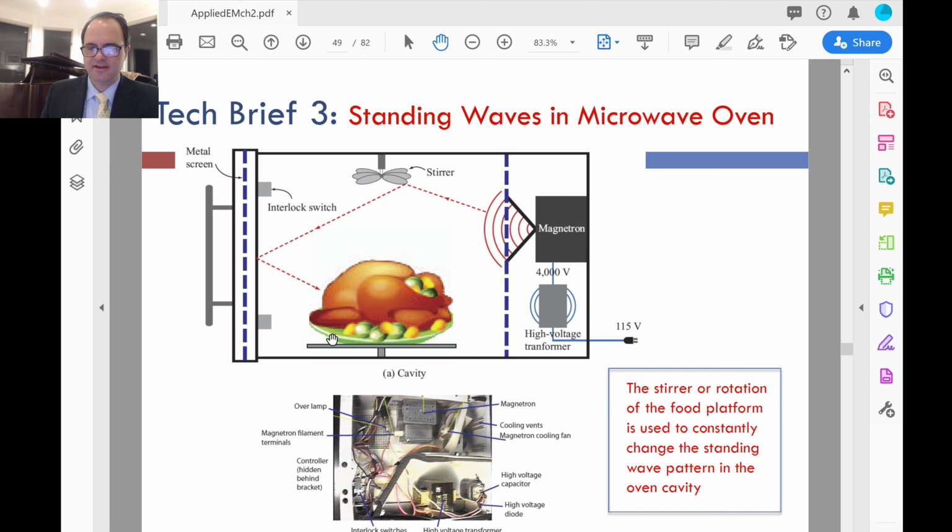They add in certainly the rotating table, but also this metal stirring fan that just basically scatters microwave radiation. So with a typical microwave, if you've never taken one apart, you have the magnetron. That magnetron launches the microwaves into the chamber, and then it is essentially a metal resonant cavity, and it cooks the chicken. Kind of neat.